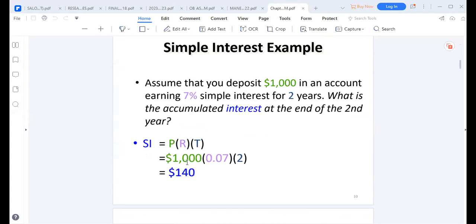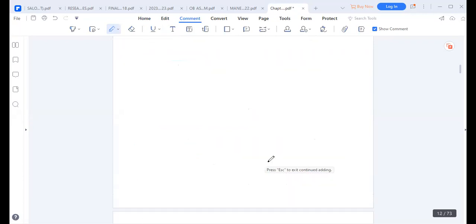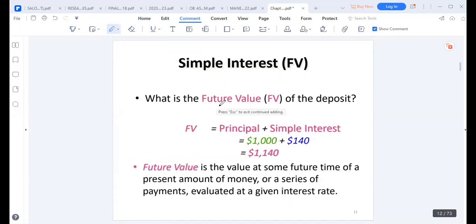So principal is 1,000. The interest rate is 7%, which is 0.07. And our time is 2 years. So when you multiply this, we're getting our interest as what? 140. So this is just the interest. The future value that you're going to have after 2 years is simply the principal, which is the amount we started with, plus the interest that we've earned, the 140.